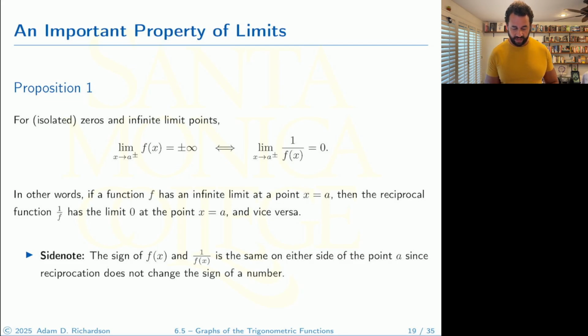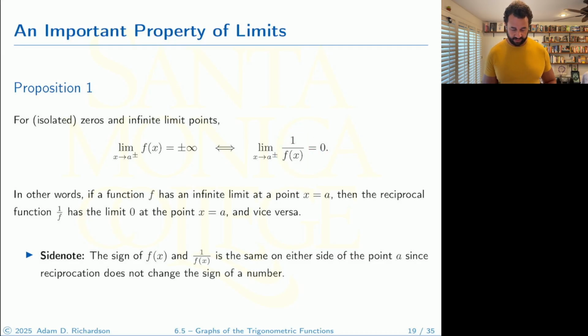So for isolated zeros and infinite limit points, if the limit as x goes to a from the left or the right of f of x is equal to plus or minus infinity, then the limit as x goes to a from the left or the right of the reciprocal, 1 over f of x, must be equal to 0.